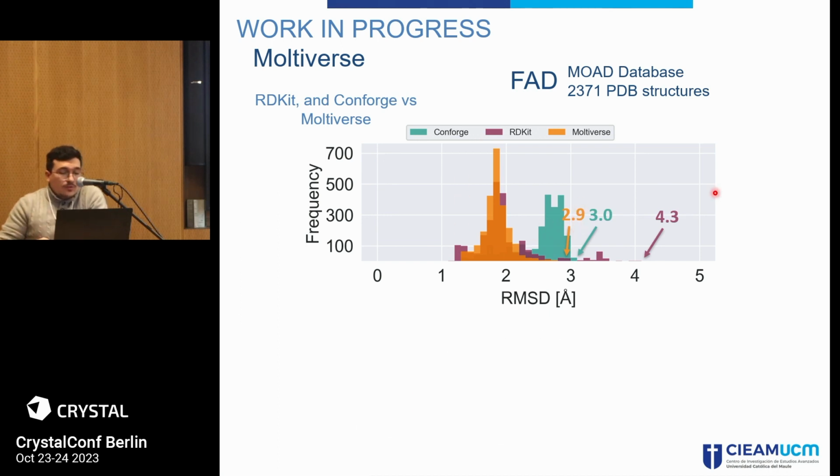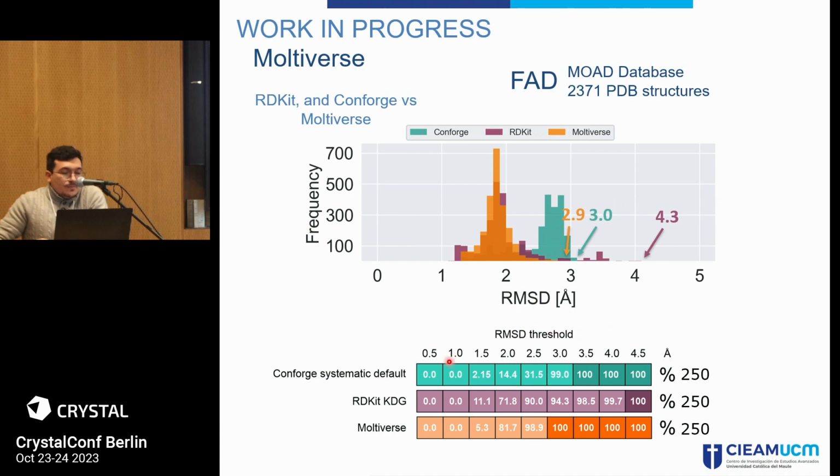Usually you can see this also in a threshold. And you can see in this part, the important part, with ConForge, 14% was predicted, 71% with CADD, and 81% with our development. And if you go to the next step, almost all the molecules were predicted under the 2.5 RMSD threshold.